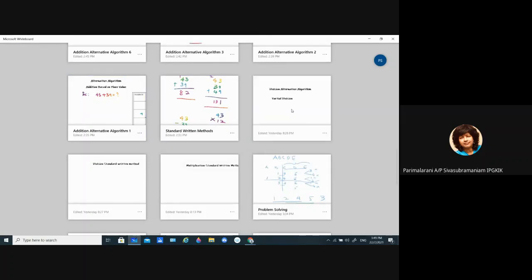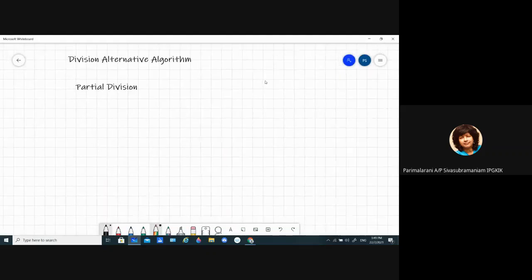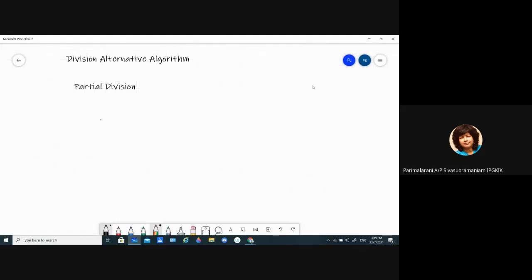Okay, and the last one is the partial division method. Say we have 789 divided by 3. So we look at the hundreds first. We have 700s. How many 3s can go into 700s? So we have 200s. 200 times 3 is 600.